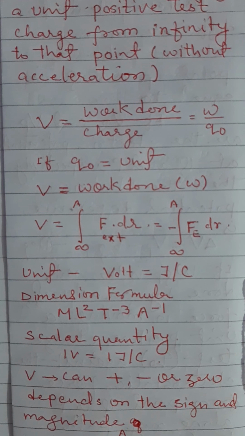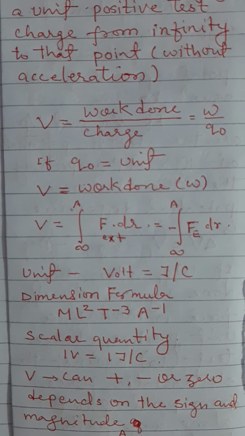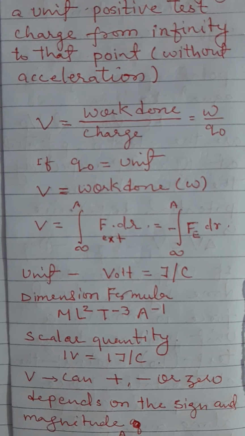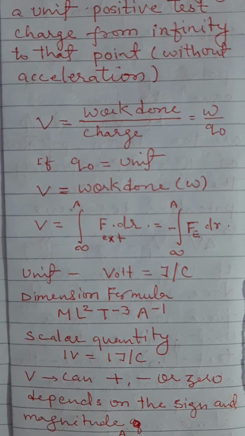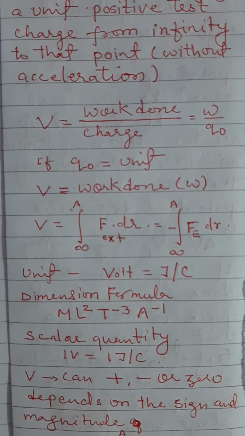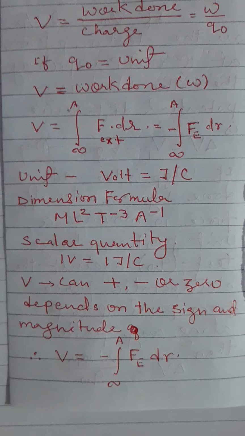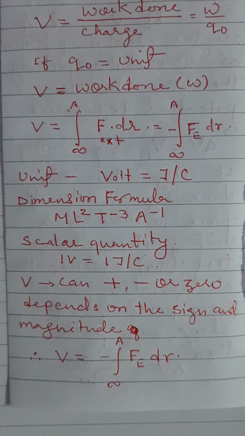Electric potential is given by V equals work done divided by charge. Here work done is given by W, and the charge, which is the unit positive test charge, is given by q naught. Now you know that q naught is unit, so V equals work done.